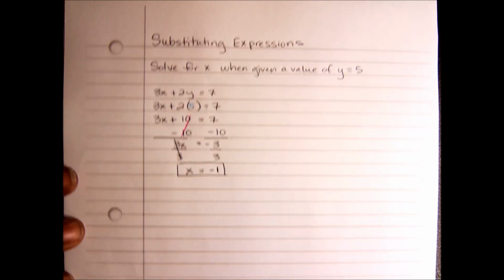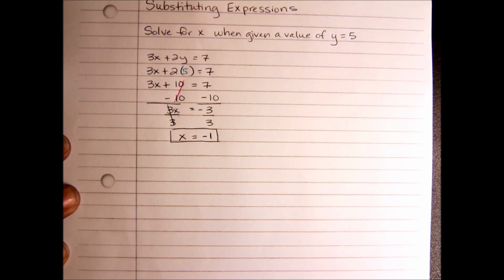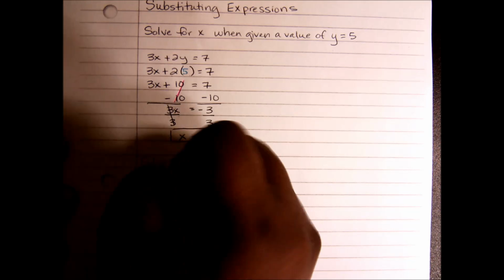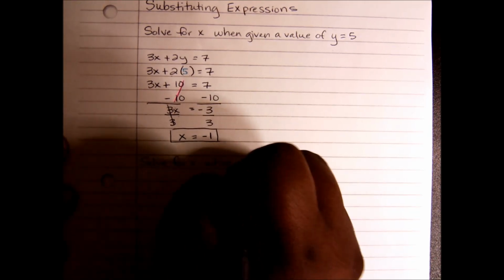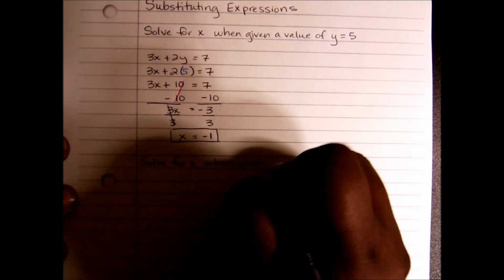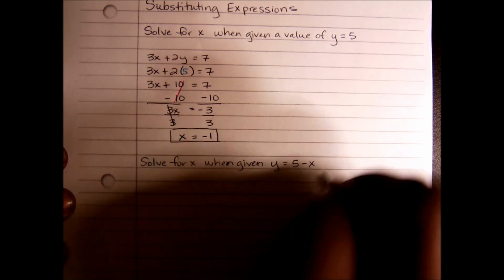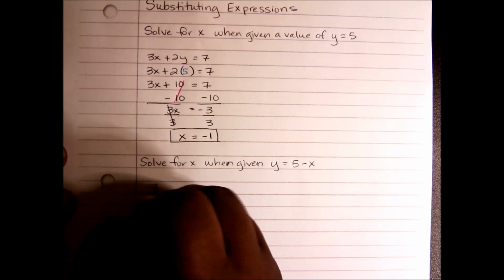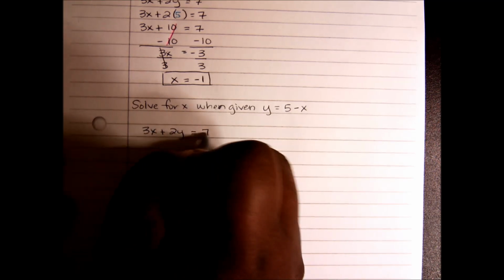So now let's take a look at actually substituting a value that is an expression. So here we're going to solve for x when given y equals 5 minus x. So just like the other one, let's take the problem 3x, I'm going to move this up a little bit, plus 2y equals 7.